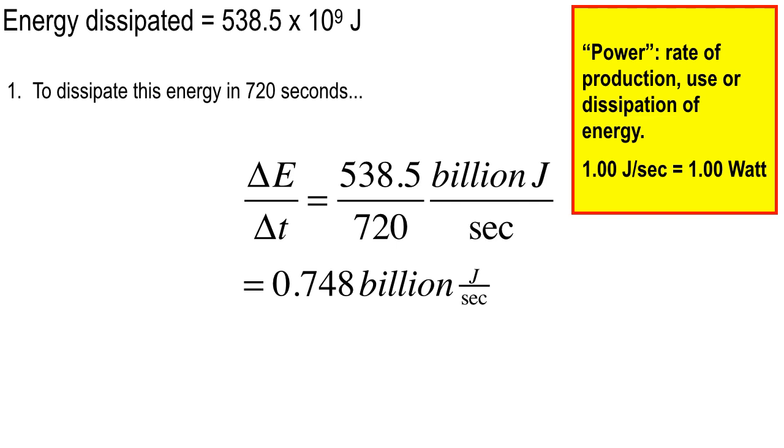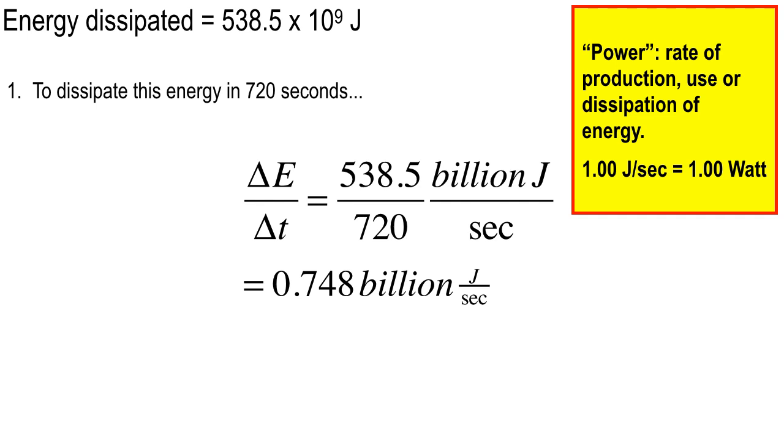So 1,000 watts times 3,600 seconds is a kilowatt hour, and that's a unit of energy. So you're actually buying energy, not power, even though they call themselves power companies. Anyways, so that's a watt.